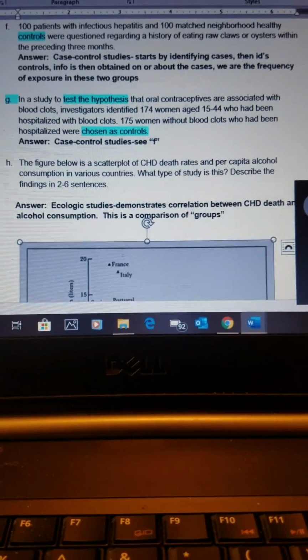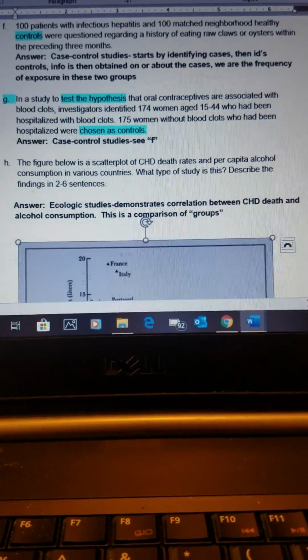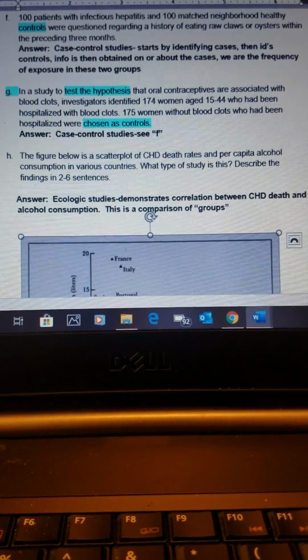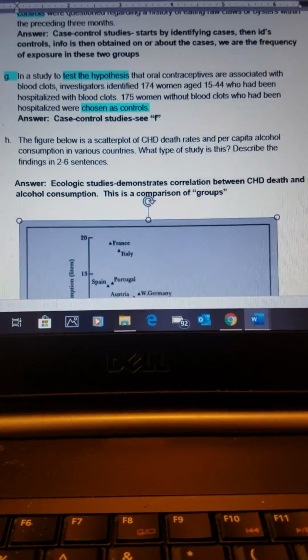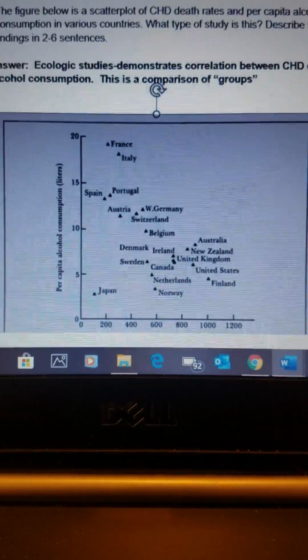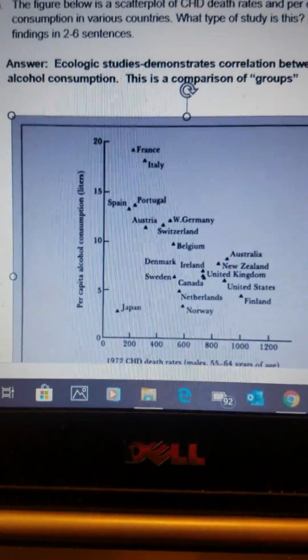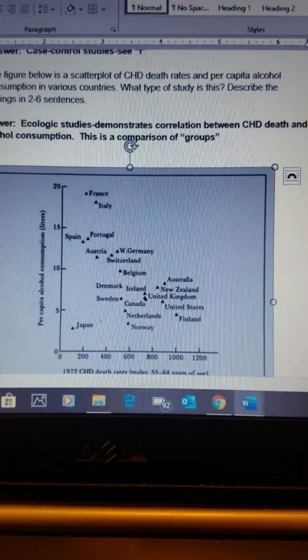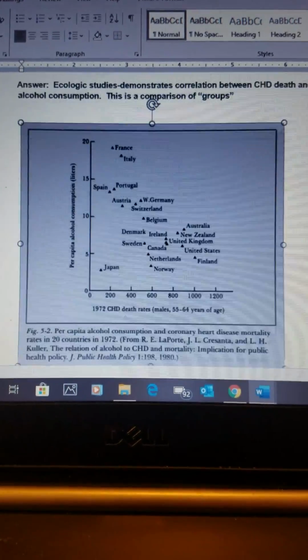So I put ecologic studies because it demonstrates correlation between CHD death and per capita alcohol consumption. So it is a comparison of the group, and that is number 7.